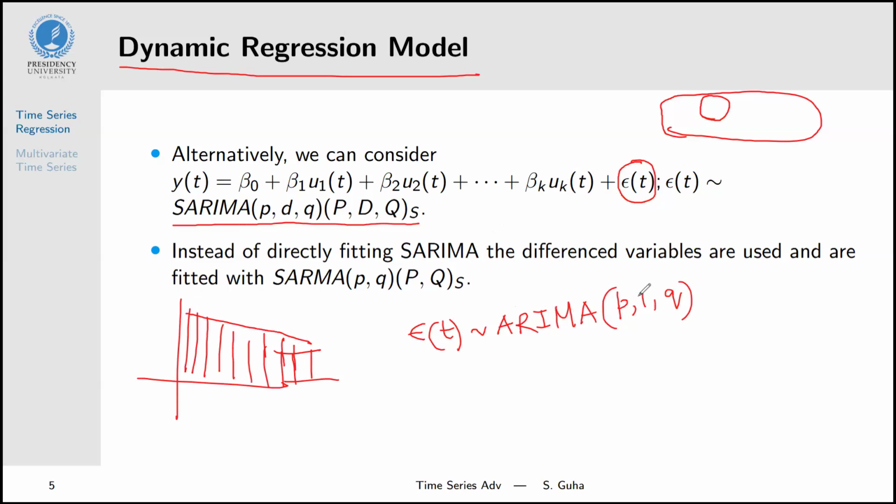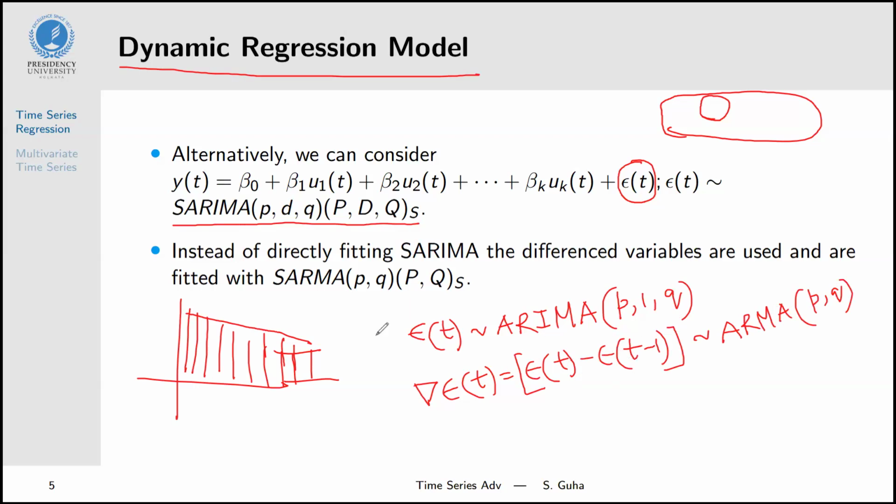And suppose for the time being we assume that it is an ARIMA model of order (p,1,q). So the small d is 1. That tells us that if I take only one time backward differencing, then this object will now be an ARMA(p,q).